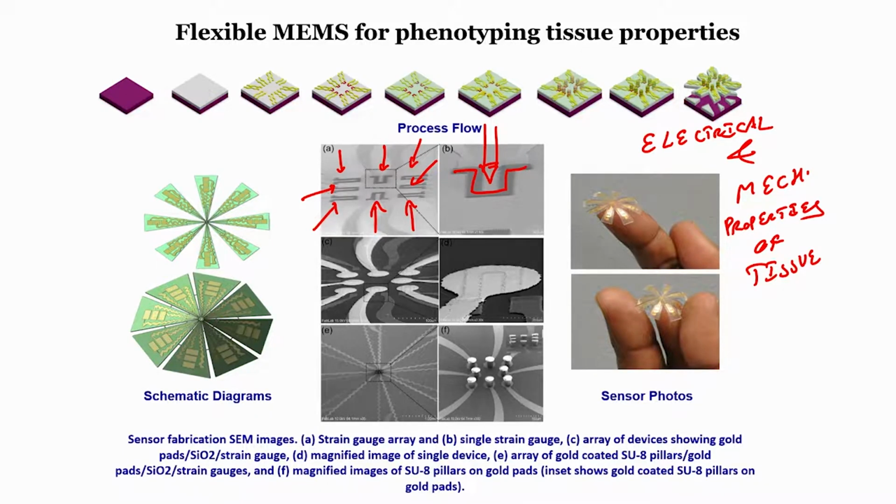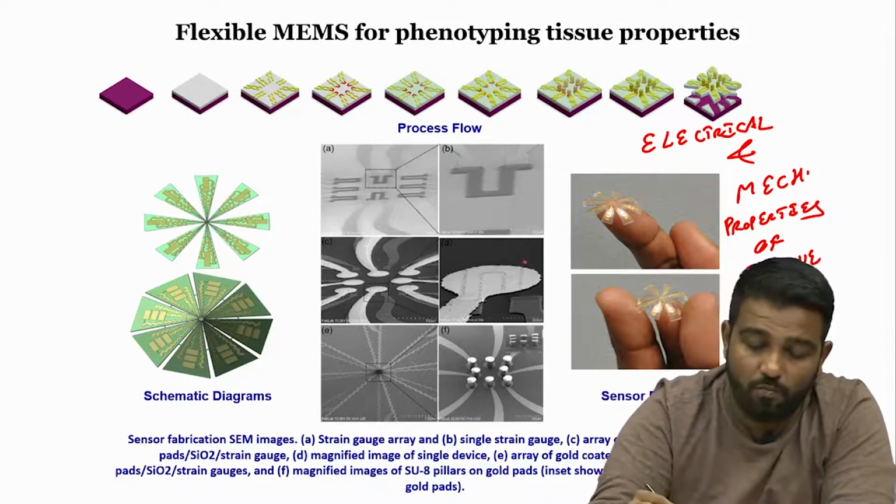So, if I put a tissue in the center of this particular chip and apply a force, then there will be a change in the resistance of the strain gauges, right, depending on the elasticity of the tissue. Okay. Second thing, on the area of these strain gauges, we have an insulating material over which there are gold pads.